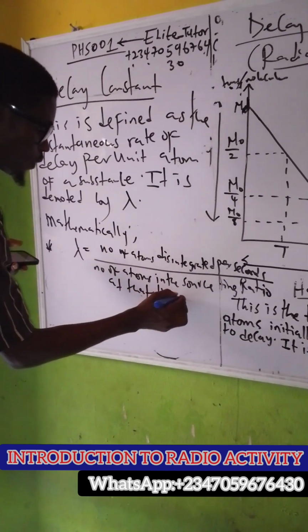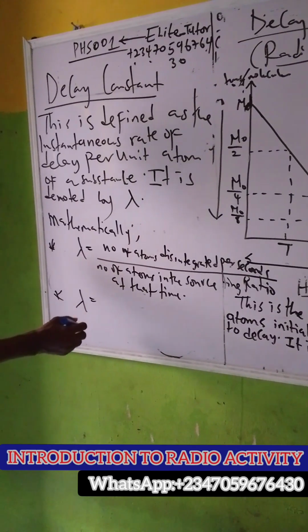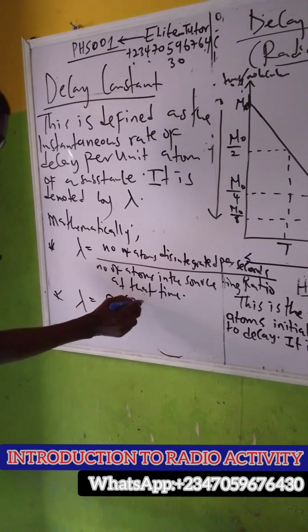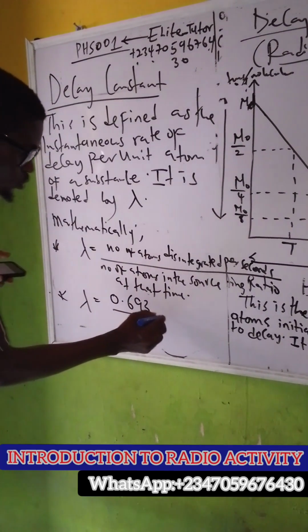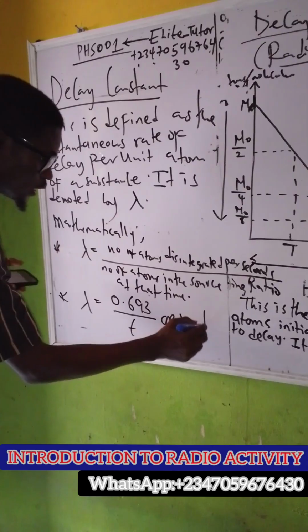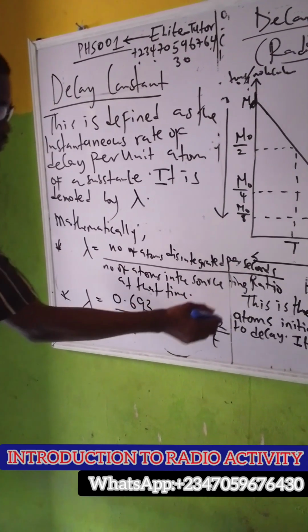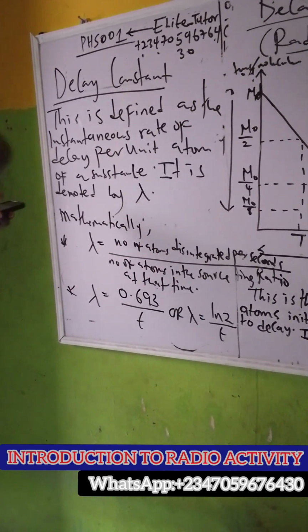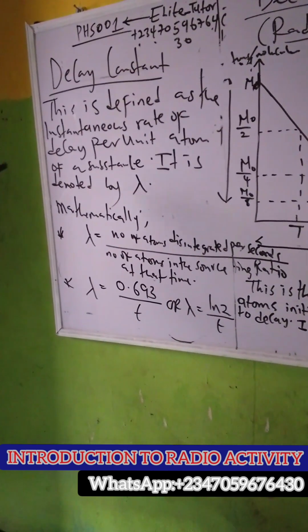Okay, I prepared some notes. So the next formula is lambda equals 0.693 over T, or lambda equals ln 2 over T, because ln 2, if you type it in your calculator, is the same thing as 0.693. So that is where I'm going to be stopping for today.